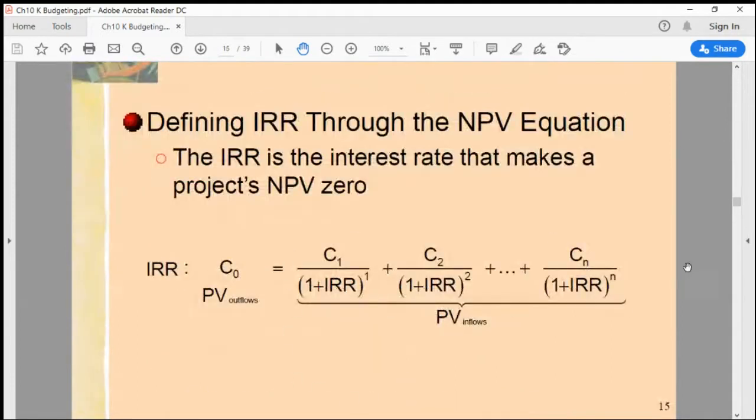So for this equation to always hold, the discount rate has to be exactly the internal rate of return, right? For this equation to hold.